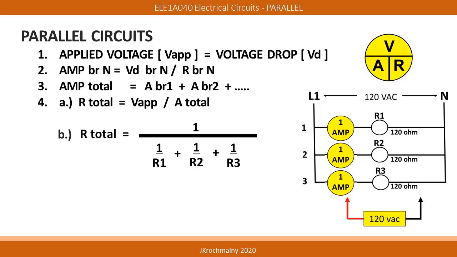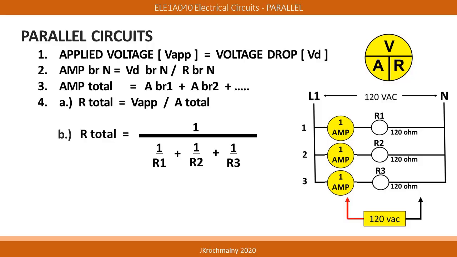Law number 3. The amperage total is equal to the amperages in each particular branch, or amperage total is equal to the amperage of branch 1 added to the amperage in branch 2 added to the amperage in branch 3.